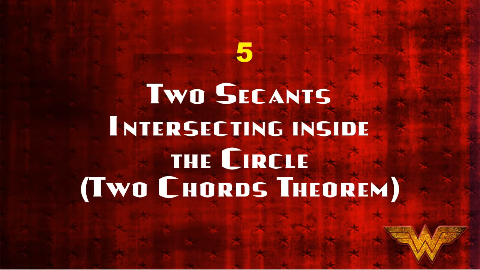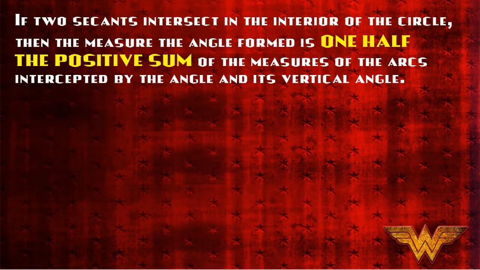The fifth theorem, two secants intersecting inside the circle, or two chords theorem. If two secants intersect in the interior of the circle, ayan, sa loob naman sila nag-meet, then the measure of the angle formed is 1/2 the positive sum of the measures of the arcs intercepted by the angle and its vertical angle.